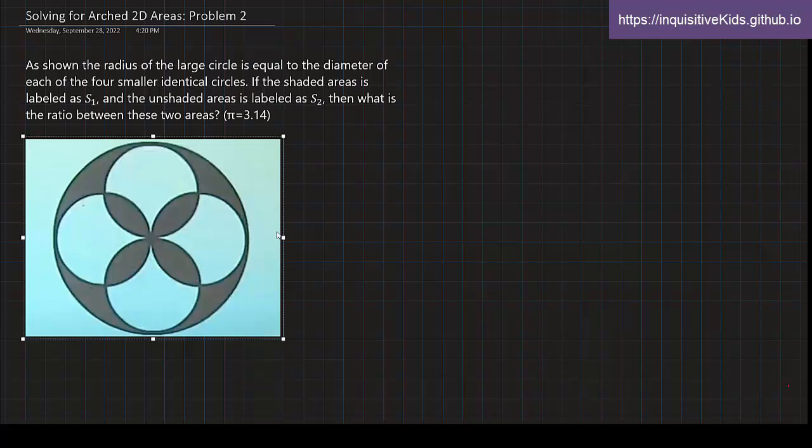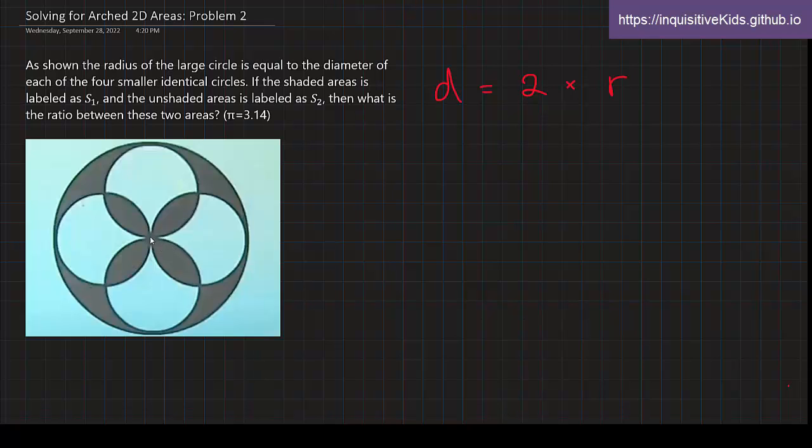So here we don't have an exact value. We don't have a length, we don't have a particular area, but we do have a relationship. So we know that the diameter of one circle is equal to 2 times the radius. What it's basically saying is that the radius of this large circle is 2 times that of the smaller circle.